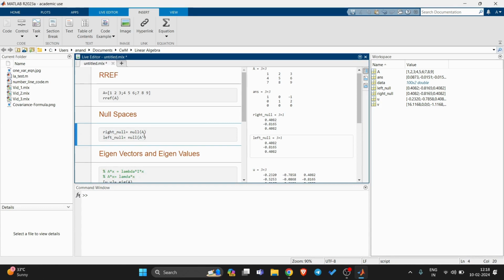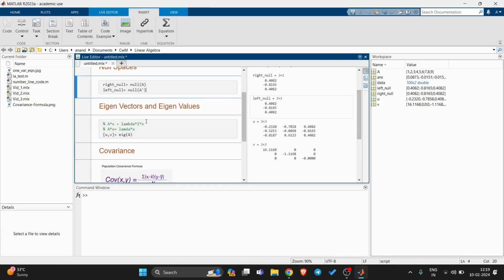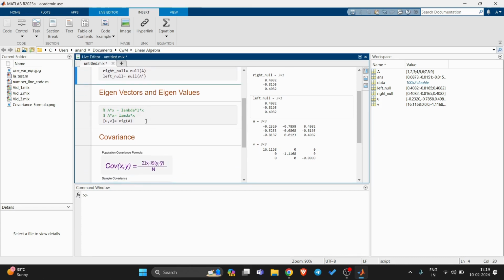So null of A transpose gives us the left null space, and null of A gives us the right null space. And then we have eigenvalues and eigenvectors, which tell us the behavior of linear systems. Then covariance matrices summarize the relationship between the variables.